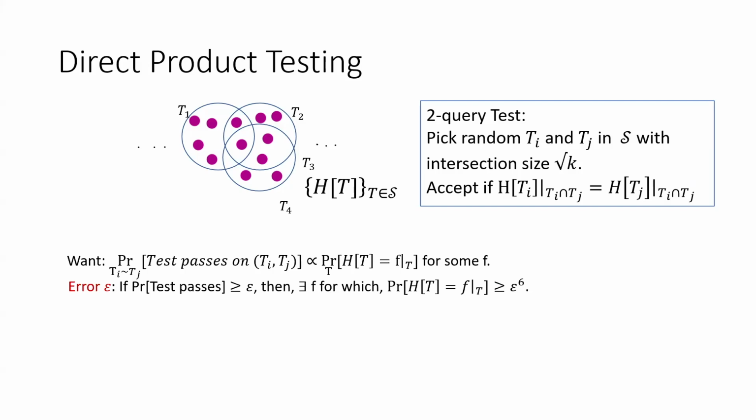To formalize this, we'll say that this test has error epsilon if whenever the test passes with probability epsilon, then there exists some function for which the probability that h of T is equal to f restricted to T is at least epsilon to the 6. I just chose an arbitrary polynomial of epsilon here. Any questions about the definition?